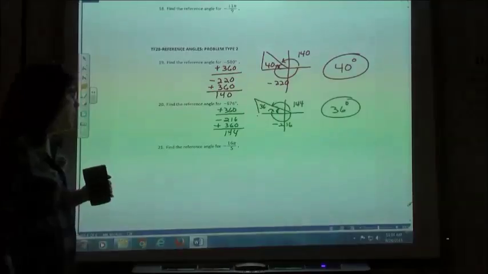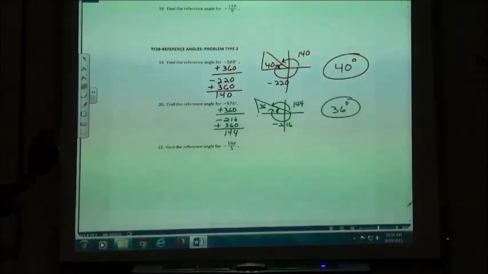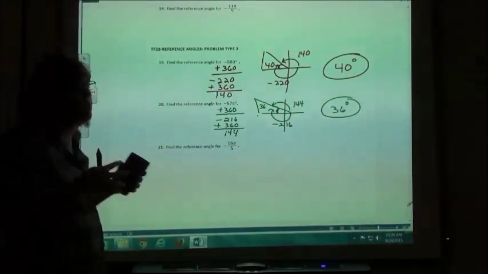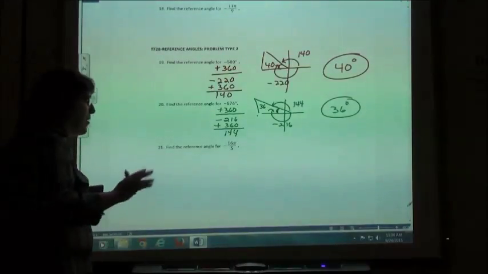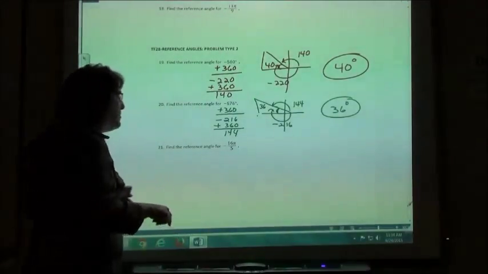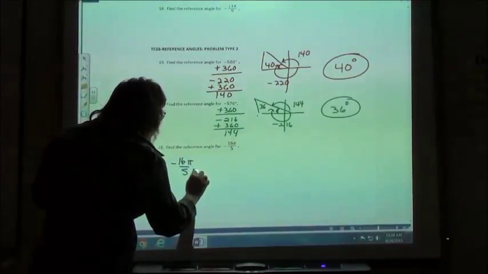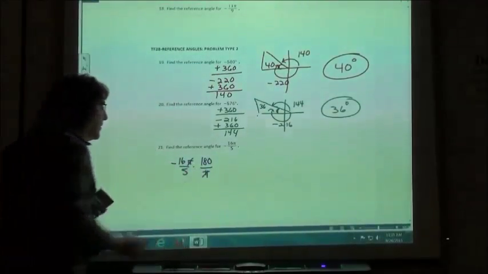And the last one, we want to find the reference angle for negative 16 pi over 5. Again, for me, I'm not good with radians in my head. I have to change them to degrees to figure it out. If you're good with working with pi, you can do that. It works. Look at Alex for the explanation. So negative 16 pi over 5 times 180 over pi to do my conversion.